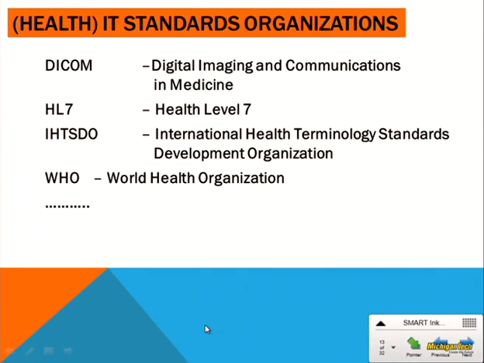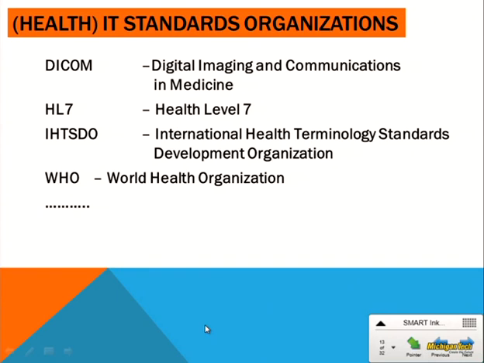Also, we have another, HL7, called Health Level 7. We will touch on this one. The third one is IHTSDO, the International Health Terminology Standards Development Organization. Also WHO, the World Health Organization. We have many other organizations.